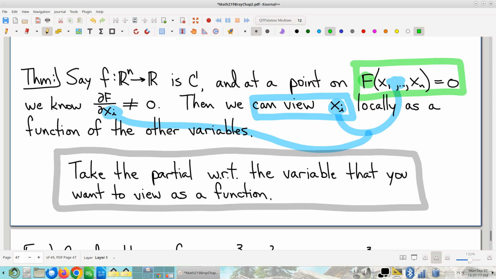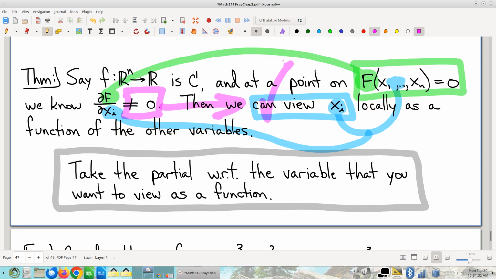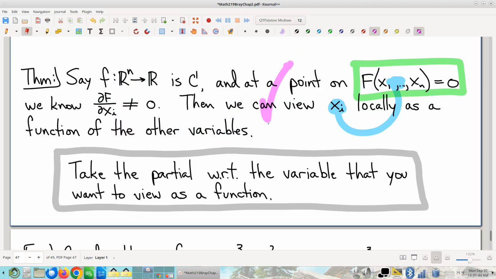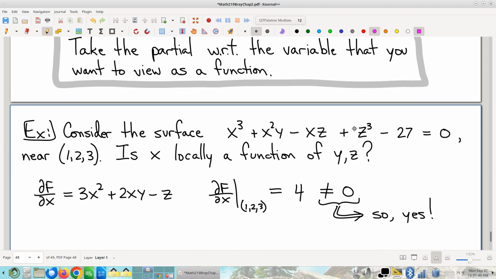Whichever function whose level set describes your surface, that's what you take the partial of. And if you get non-zero, then yes, you can view that variable as a function of the others. Yes, you can talk about its partial derivatives, etc. So it generalizes exactly how you kind of hope. Okay, example.